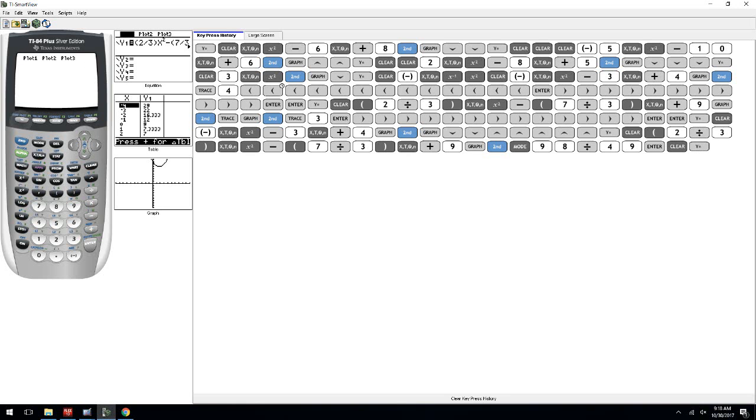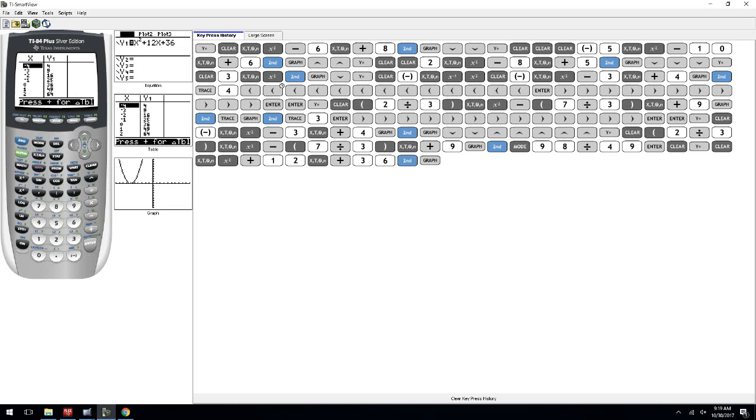Alright, we go to y equals. That's that top button in the left-hand corner, okay? Go to y equals. And it was x squared plus 12x plus 36. And we don't want to graph it. Where do we want to go so that we got a whole bunch of numbers? Table. It's second graph. There you go.